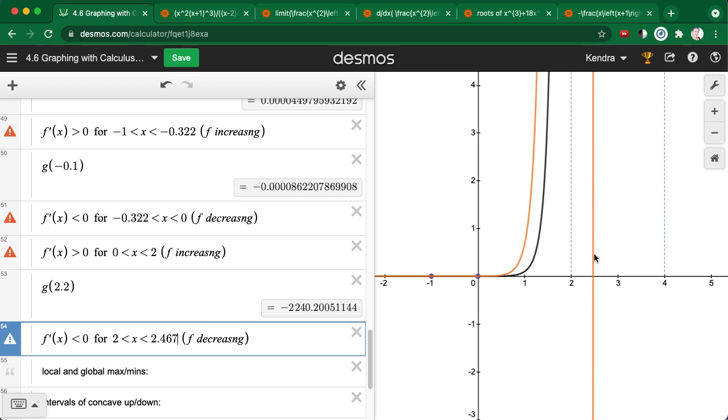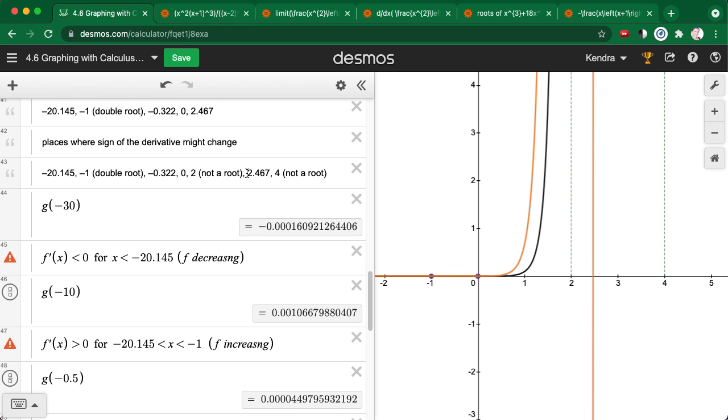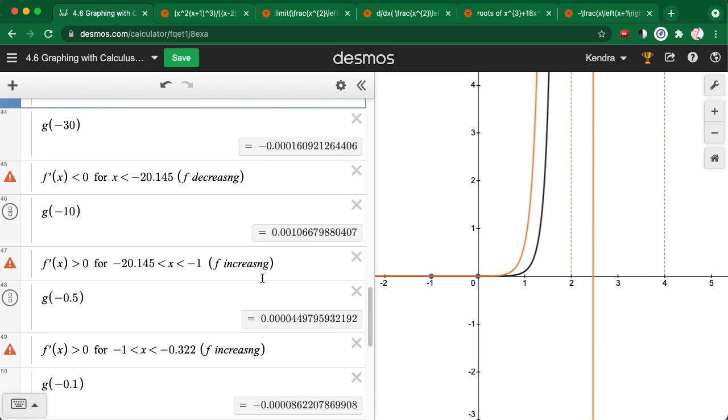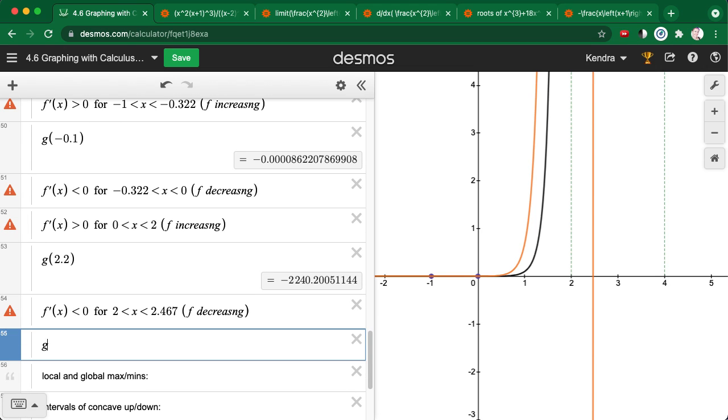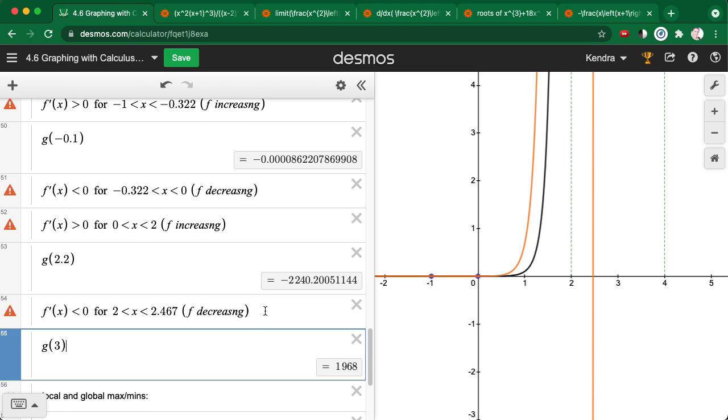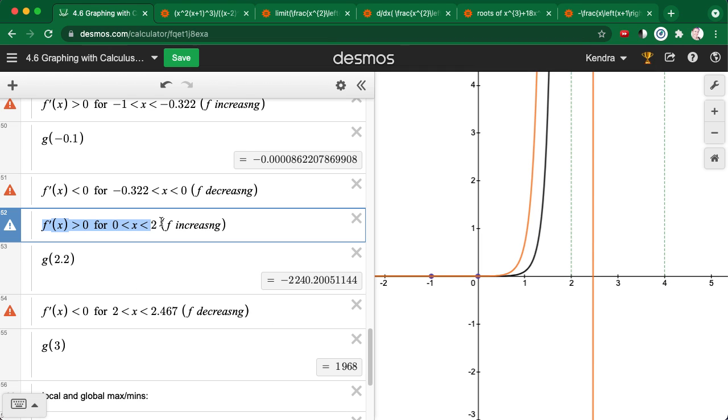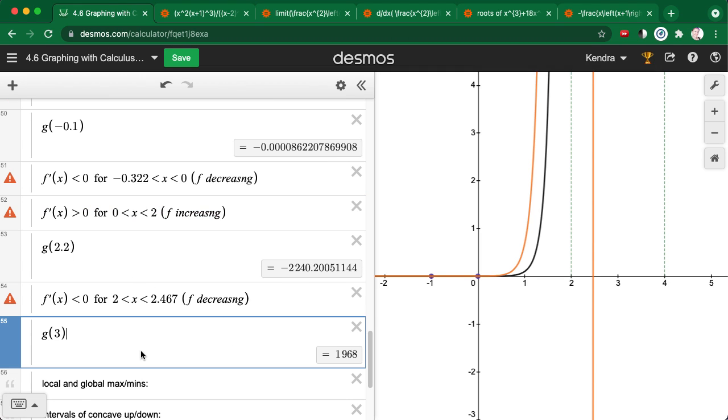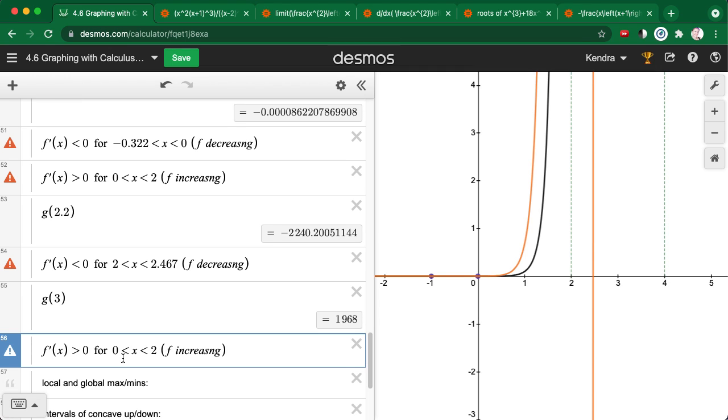And it looks like maybe g is crossing the x-axis in this direction, so it was negative and then becomes positive. Let's double check that by taking between 2.4 and 4, so let's take 3. It is a positive number, so that means the first derivative is positive for x between 2.467 and 4.